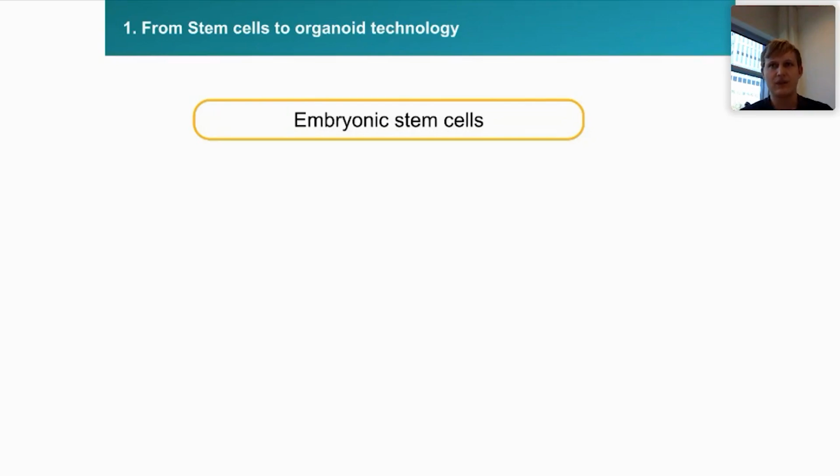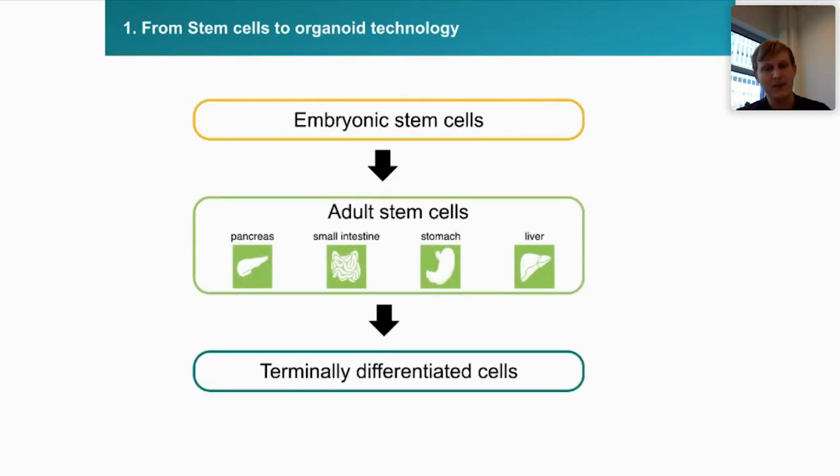They're derived from stem cells that can be, on the one hand, embryonic stem cells, but what was originally identified was that they can also be derived from specific organs, basically from the adult stem cells that sit in each of these organs and give rise to a big diversity of terminally differentiated cells, for example, cells of the gut, of the small intestine, of the pancreas, etc.